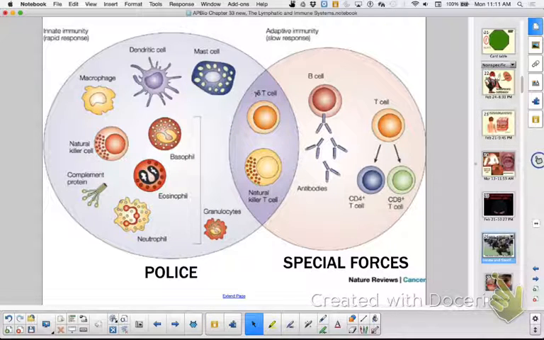Would you agree with that? Who's going to be better to target a terrorist? Special forces. So let's say we have an invasion of Canadian terrorists into this school. Take out Green's house. If we had Canadian terrorists dressed like students, looking like students in your classes, would you be able to tell?